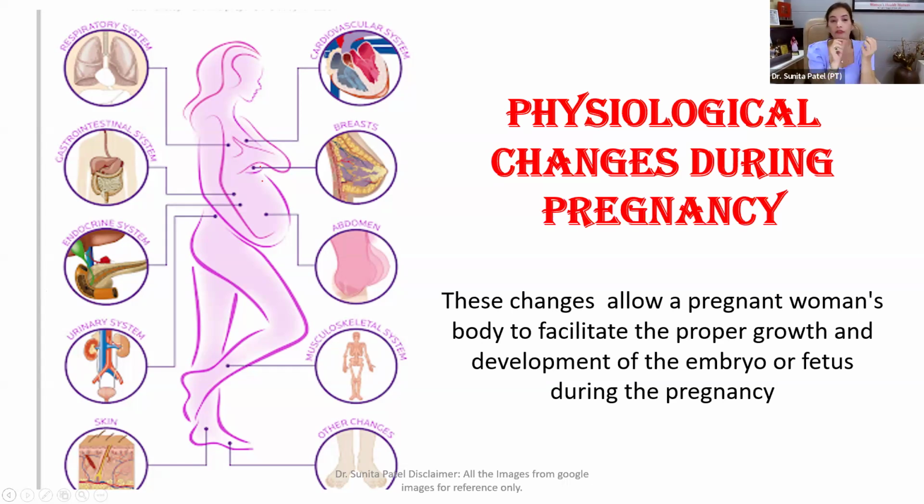Now we need to understand one thing: as soon as this placenta starts developing, what is the placenta? We can assume it like a new organ forming inside the female body. This organ is going to help and support baby growth.